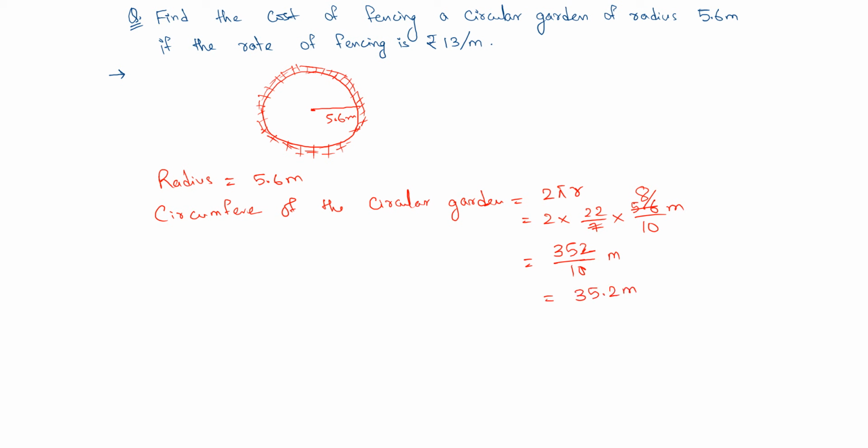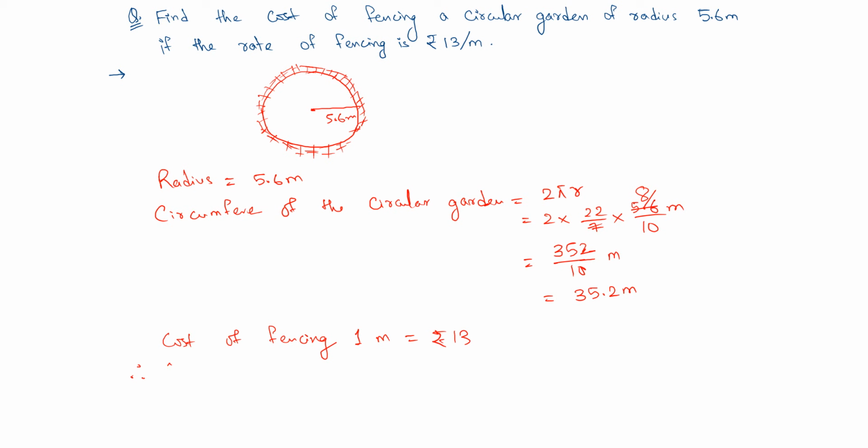Okay, now we will be using the simple unitary method as we did in the last question. That is, they have given the cost of fencing 1 meter is 13 rupees. We have to find the cost of fencing this much meter. Okay, so what we'll write out here, that cost of fencing 1 meter is rupees 13.